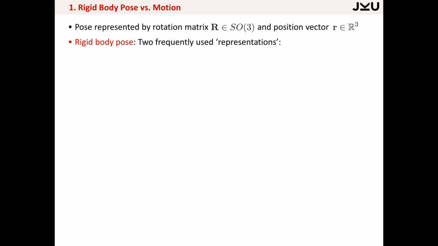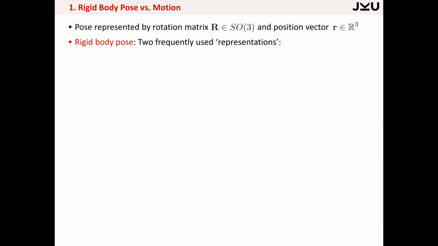First of all, it's a very simple thing actually. How do you represent the pose, or the configuration, of a rigid body in space? That has to do with two things, the rotation and the position of a frame attached to a certain body, or sometimes we call them links on the manipulator.